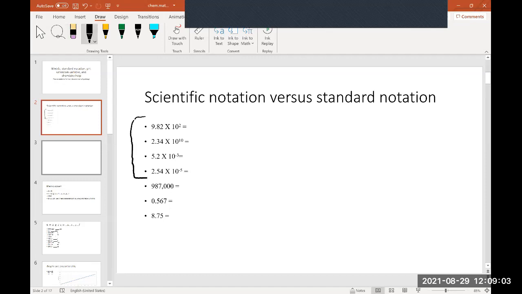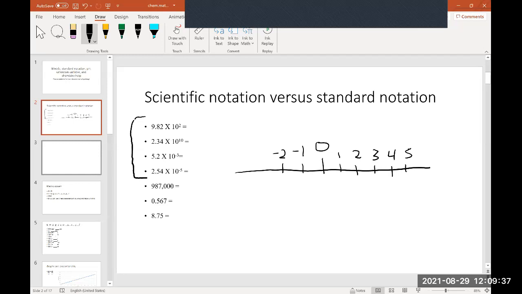First, I want to remind you of when you were in grade school. Probably in first grade, your teacher had a number line at the front of the classroom by the chalkboard or whiteboard. The number line had 0 in the middle. To the right of 0, the digits were positive values, and to the left of the 0, you learned those were negative digits.